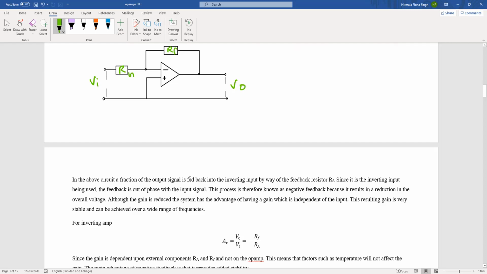So let's read here. In the above circuit, a fraction of the output signal is fed back into the inverted input by way of the feedback resistor. Since it is the inverted input being used, the feedback will be out of phase with the input signal. Now let's see what we have here.